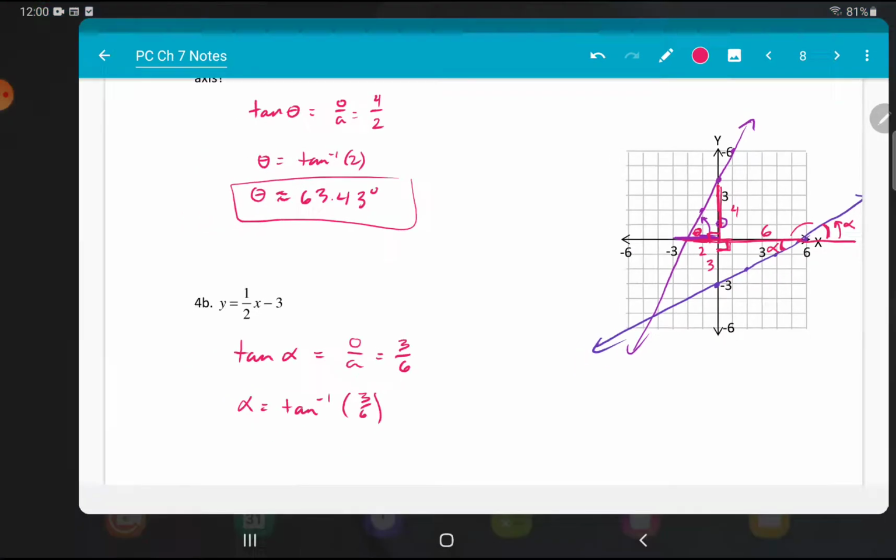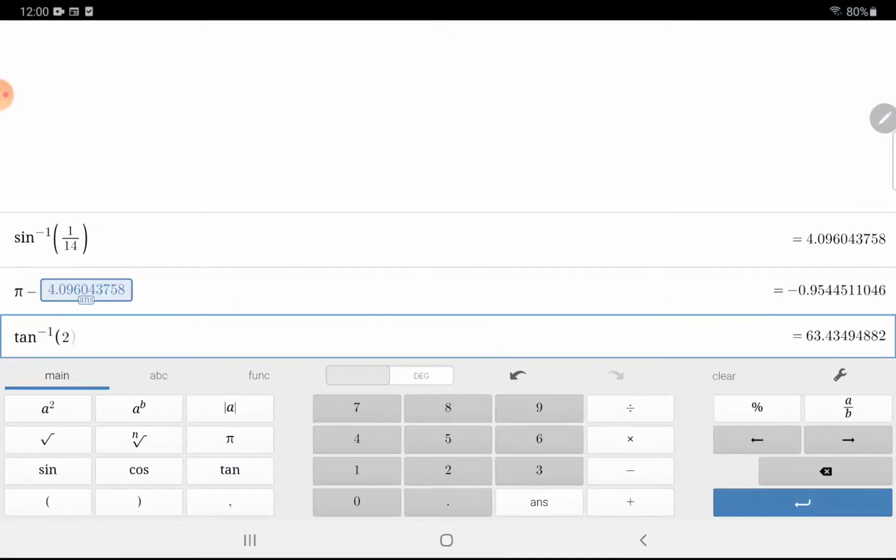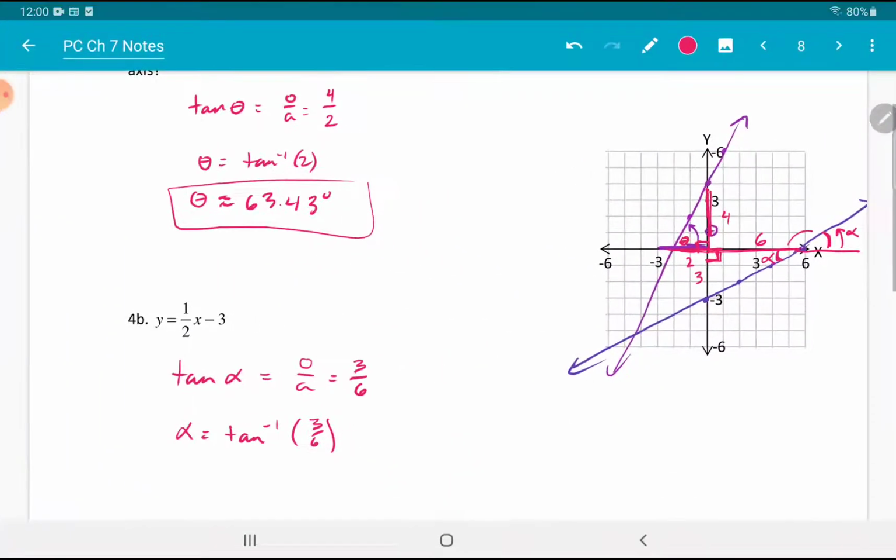Plugging that into our calculator, tangent inverse of 1/2 gives us an angle measurement of 26.56 degrees, or 26.57 rather. So alpha is equal to 26.57 degrees. That's the angle the line forms with the x-axis.